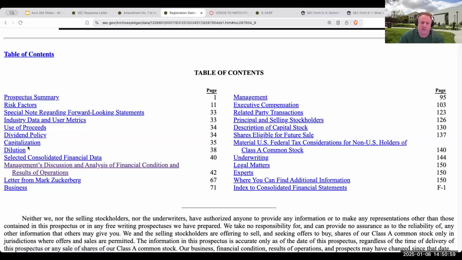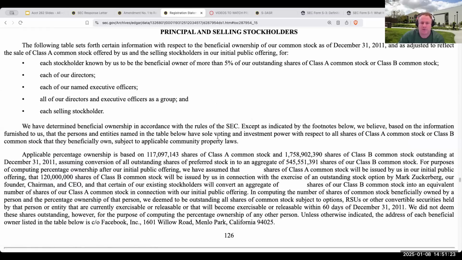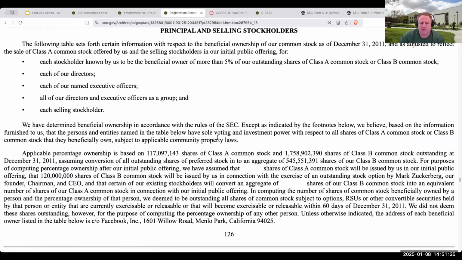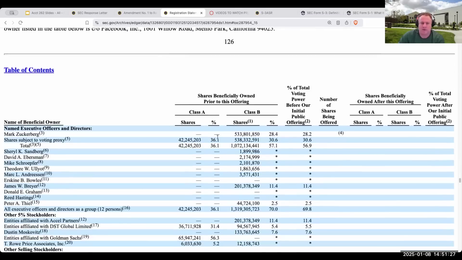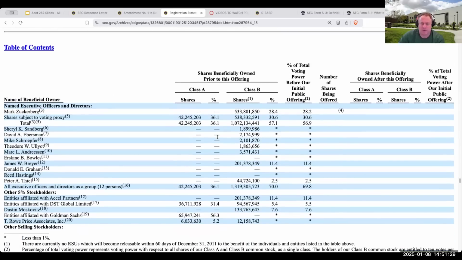So over here: forward-looking statements, industry data, just to tell potential investors about what they're doing, capitalization, the dilution that's going to happen, a letter from Mark Zuckerberg, management of the company, executive comp, related party transactions, principal and selling stockholders, and right over here you see the beneficial owners.